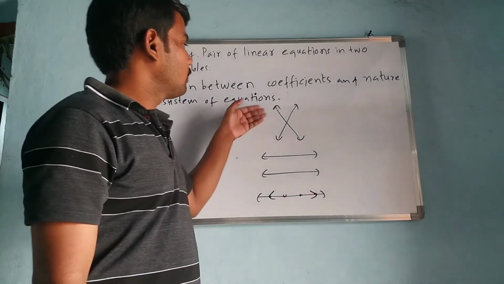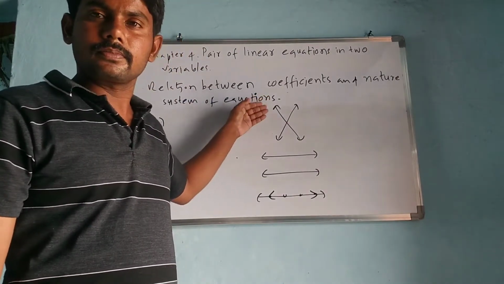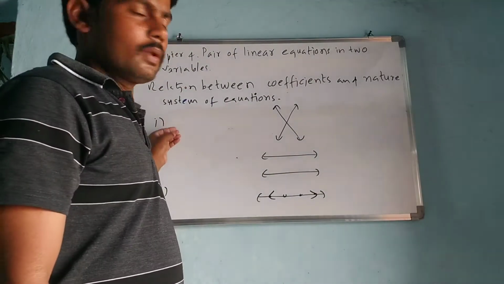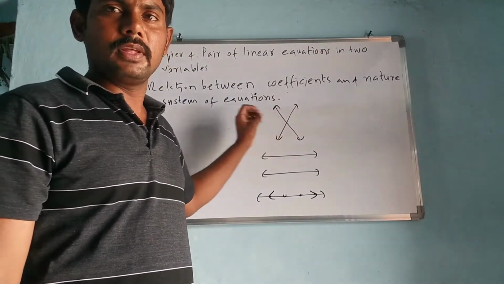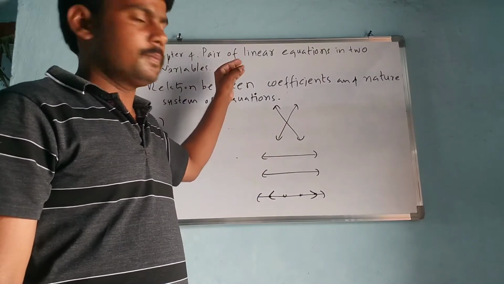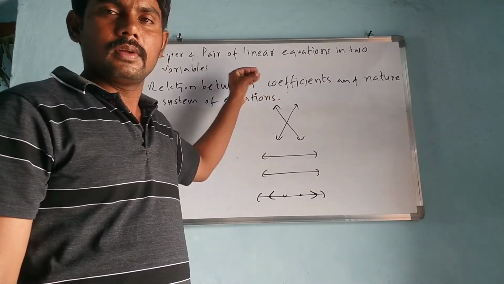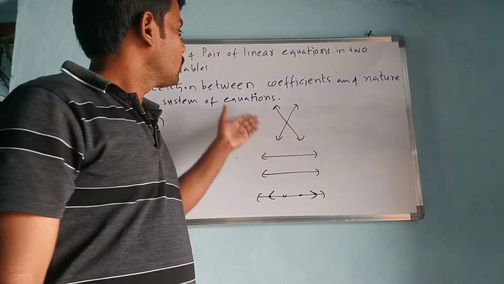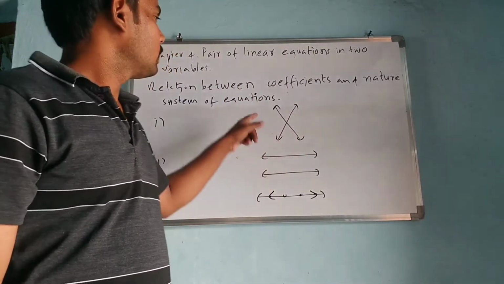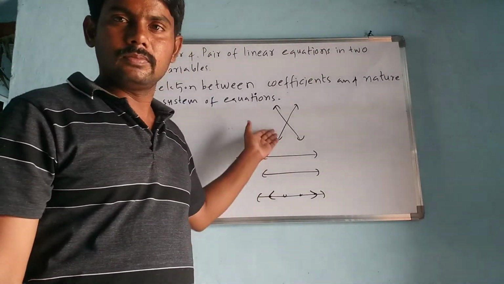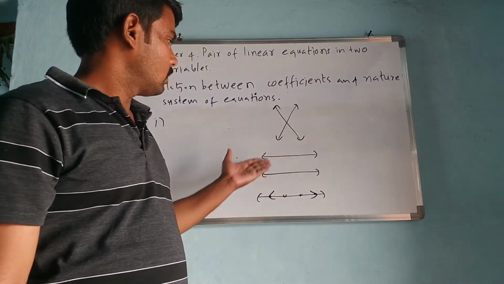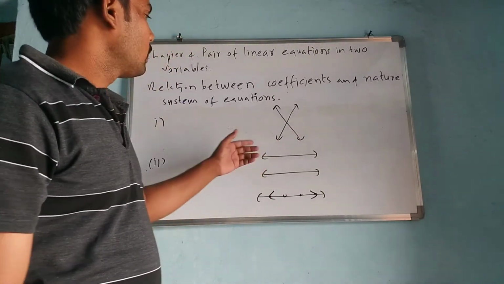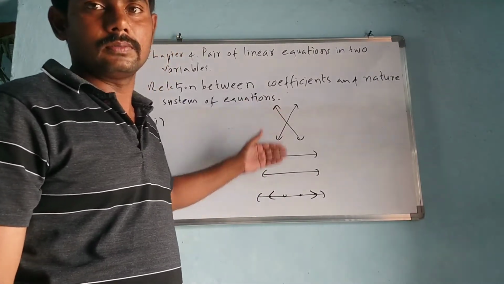So we have a method by taking the two equations, preparing tables for them, plotting the points on the graph and then joining the points. So by drawing the graph, finally we can say that they are intersecting, they may be parallel, or they may be coincident lines. So this is a big process.